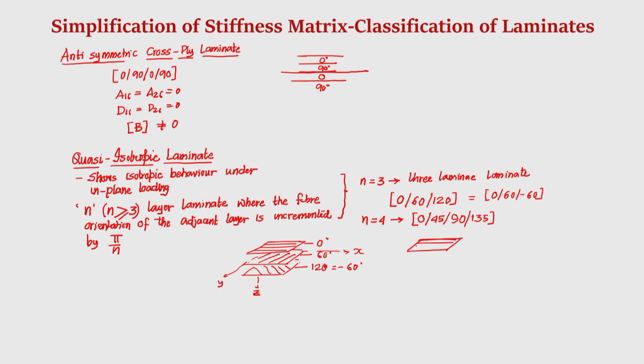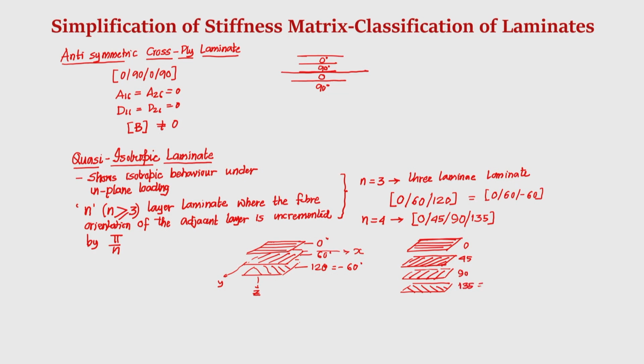Similarly, for the 4 layer laminate, the first one is 0, second one is 45, third one is 90 and fourth one is 135, with respect to xy.